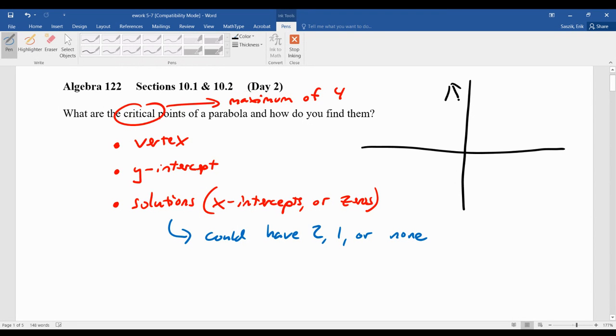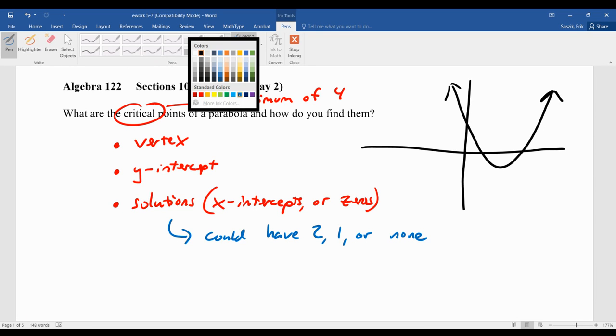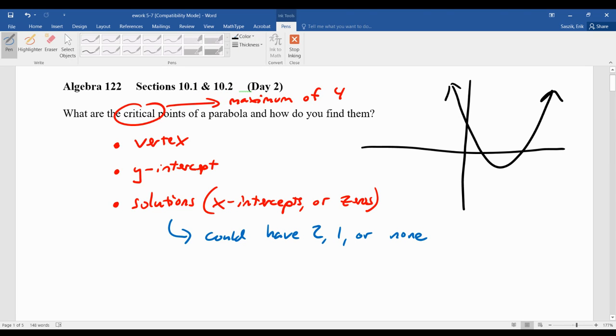All right, now let's just do a little sketch. Okay, there is a parabola. Of course, down here, whoops, color didn't change. Down here, that is the vertex. And this thing here is the y-intercept.